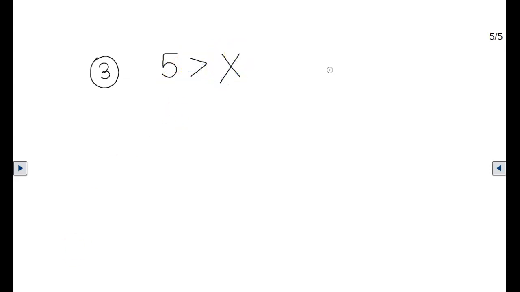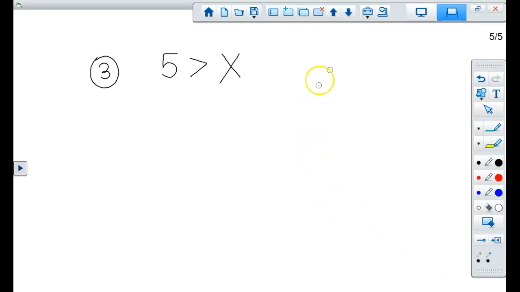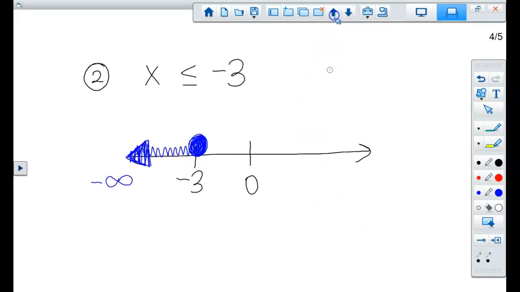Now, just a quick reminder here. Notice that in this inequality, I am saying that 5 is greater than x. The other two inequalities that we've looked at, like this one, have said what x is.